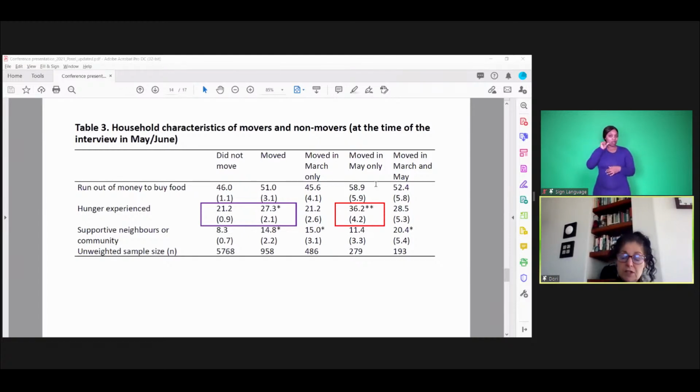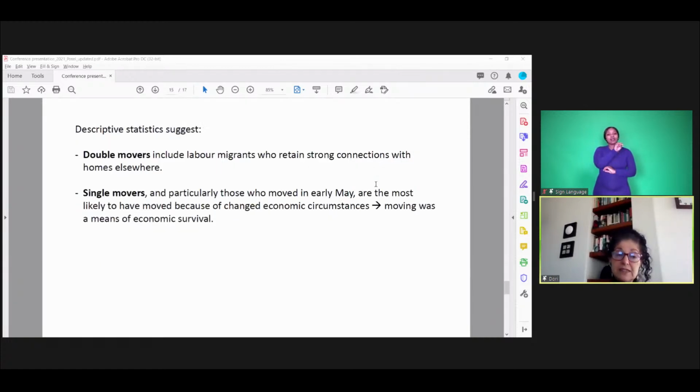So these are only descriptive statistics, but they suggest that the double movers, those adults who moved both at the end of March and at the end of April or early May, include labor migrants who retained strong connections with homes elsewhere and who moved home during the hard lockdown to spend the hard lockdown presumably with family. And the single movers, and particularly those who moved in early May, are the most likely to have moved because of changed economic circumstances where moving was a means of economic survival.